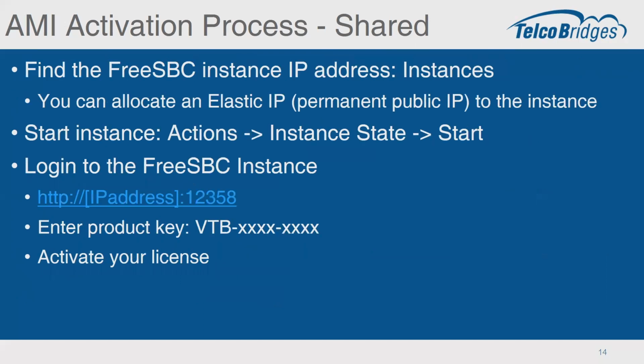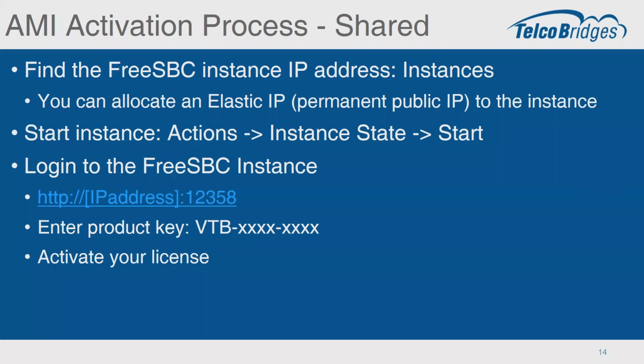Once you launch the image, you can allocate a permanent public IP to the instance so that it will remain the same IP even if you restart the instance for some reason. You need to start that instance, and then you can log into this FreeSBC. The login information is the IP address that you will find, and I will show you how to find that. And then you need to put the port 12358 there.